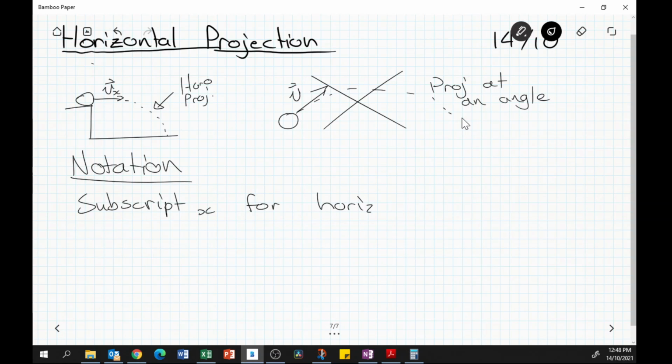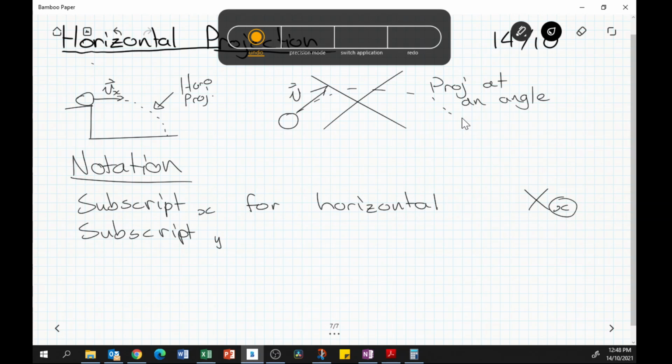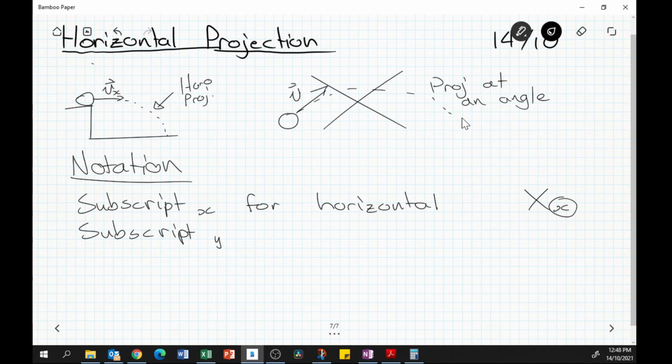That should be no big shock. Subscript y for vertical. Whether you even feel like you need to write this down, I'll let you decide. Subscript y, and remember what I mean by subscript? Yes, you all know what I mean by subscript. x, this is my subscript, x. That's the subscript, little letter down the bottom, okay? Subscript y for vertical.